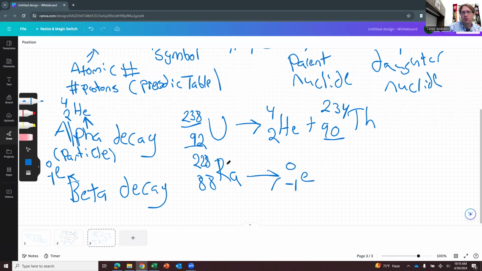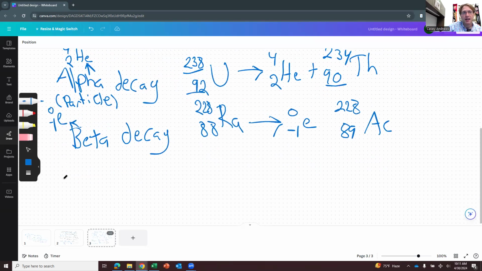Now, following our rules of nuclear chemistry, my top number, my protons and neutrons, has to be the same number. So I'm going to make a 228. And then my number of protons has to be the same. So I have 88 on the left, a minus 1 on the right, so that has to be an 89. I look on the periodic table, find out what element 89 is, and that is Ac. So that's a beta decay. You are losing an electron.